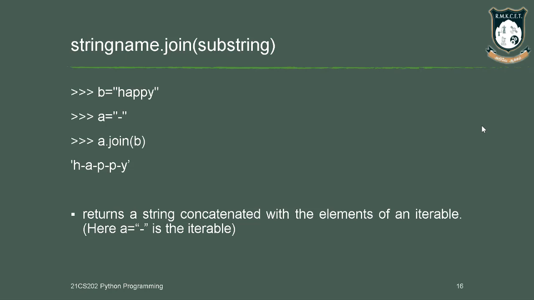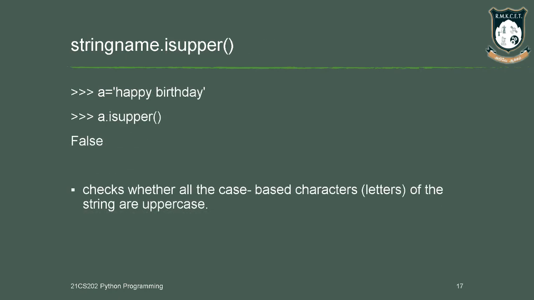To that string we are going to join the word happy. String a contains the character dash, and that will be joined with the already available substring happy.